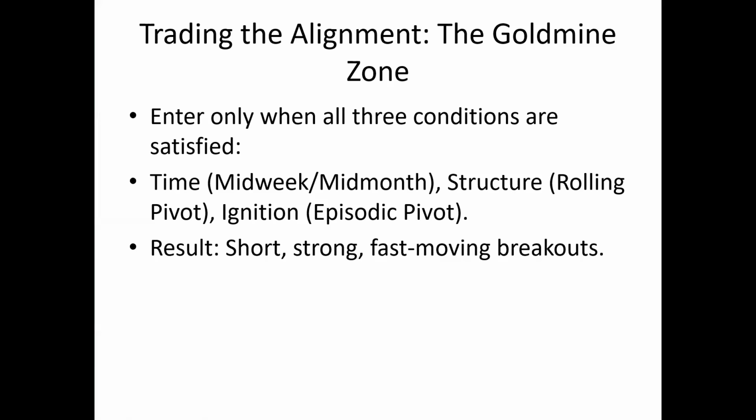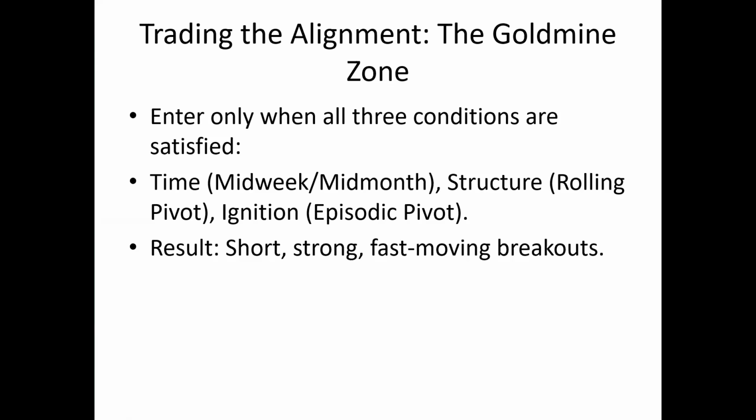Trading the alignment is the gold mine zone. Enter only when all the three conditions are satisfied. That is the requirement. And time is midweek or mid-month, midweek of the month. Structure is rolling pivot. Ignition is episodic pivot.